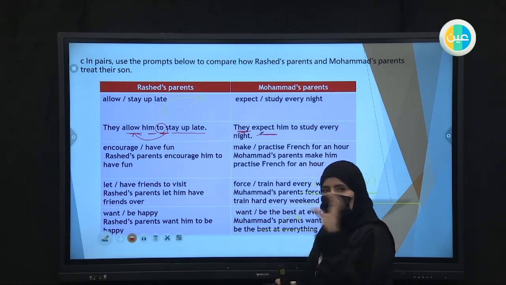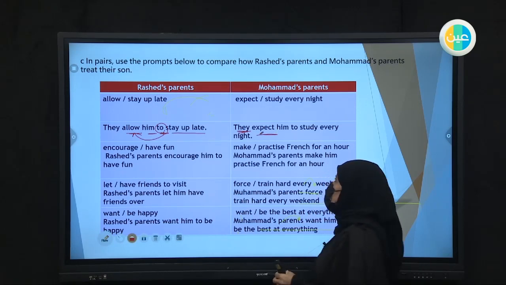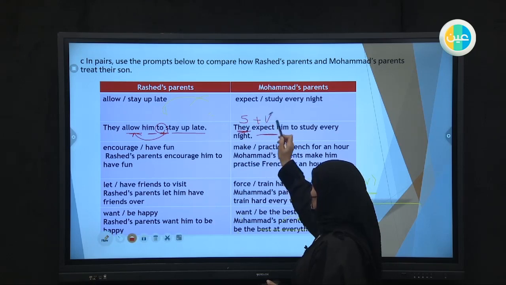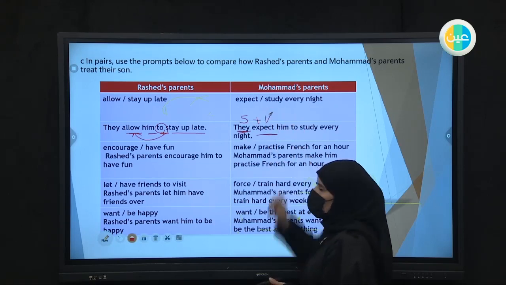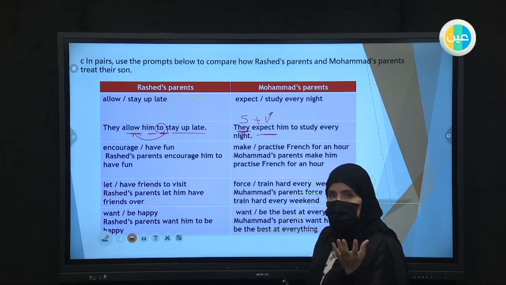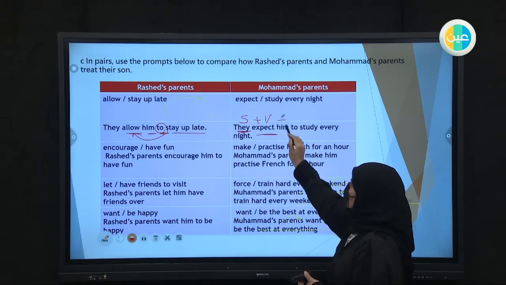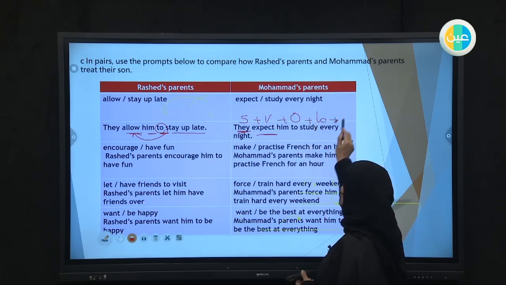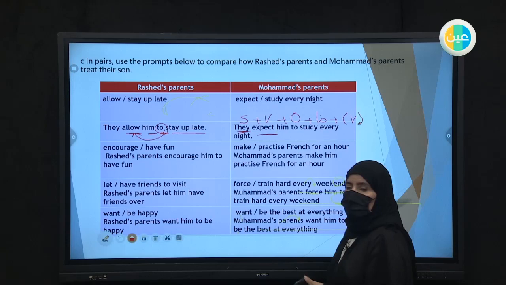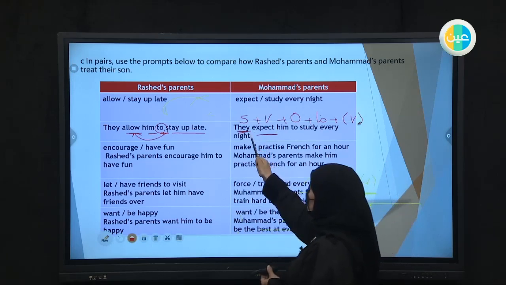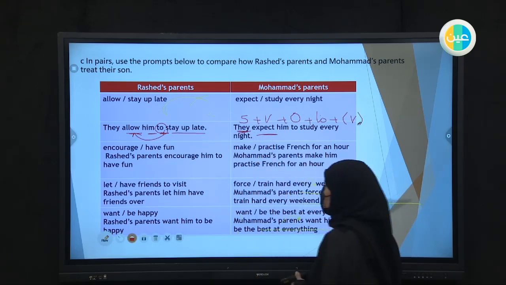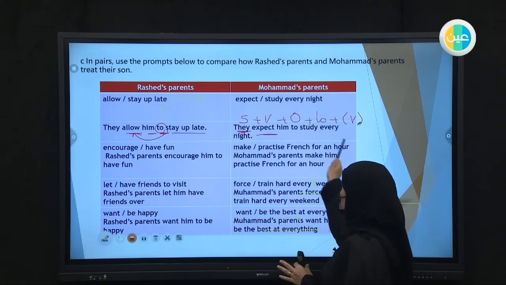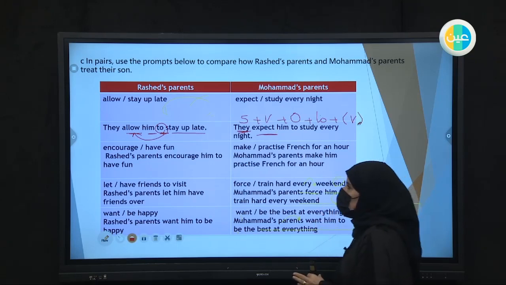So we follow the rule to create our sentence: the subject, after that the verb, expect, which means to anticipate, then the object, then to, then the base form of the verb, the infinitive. So the sentence will be: they expect him to study every night.